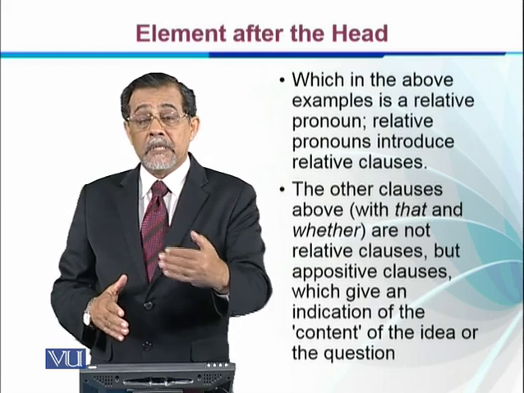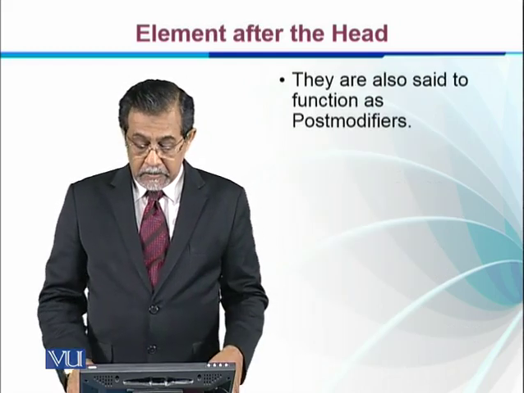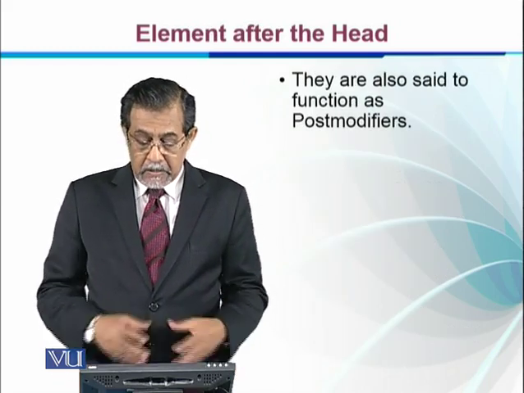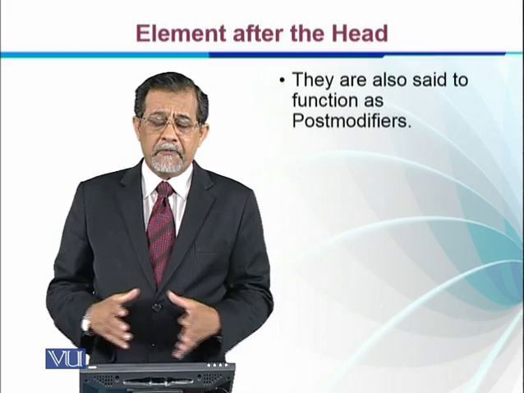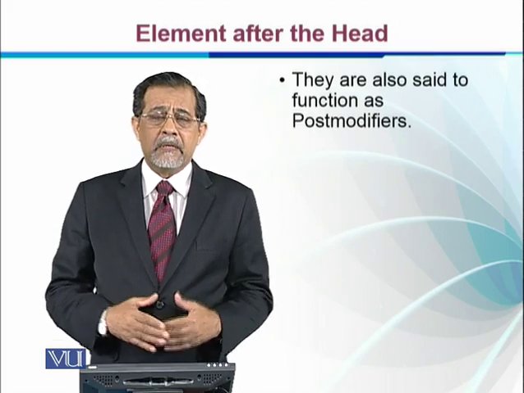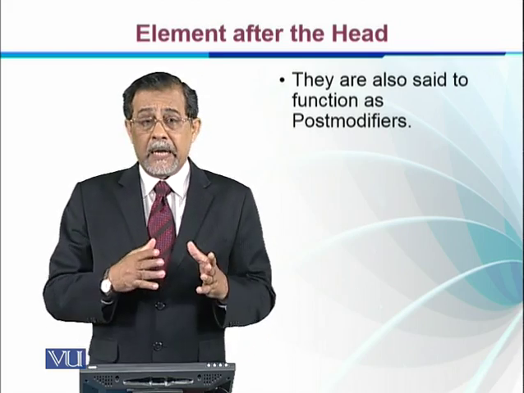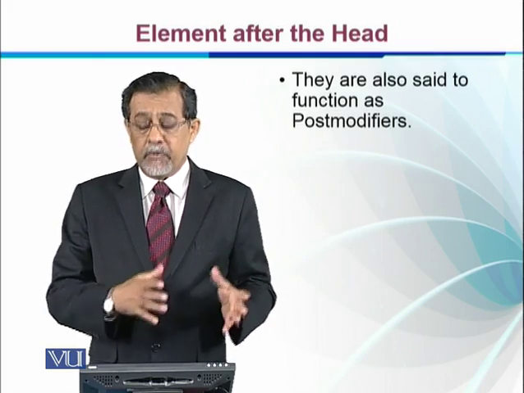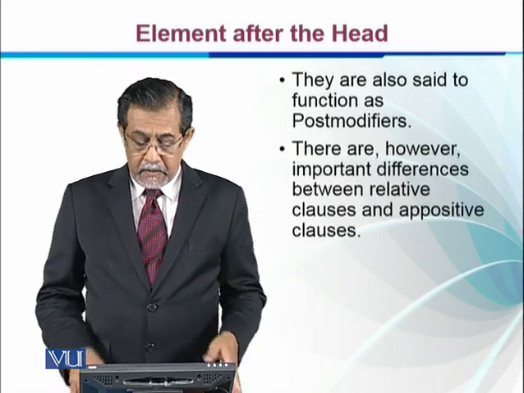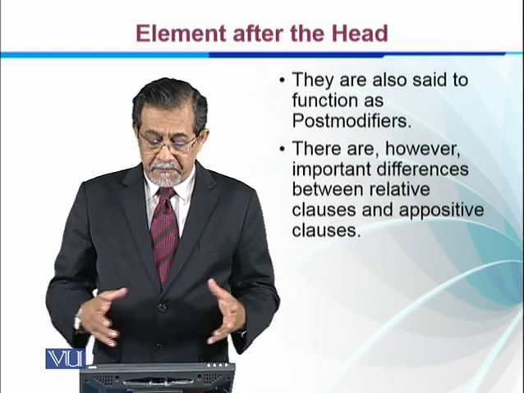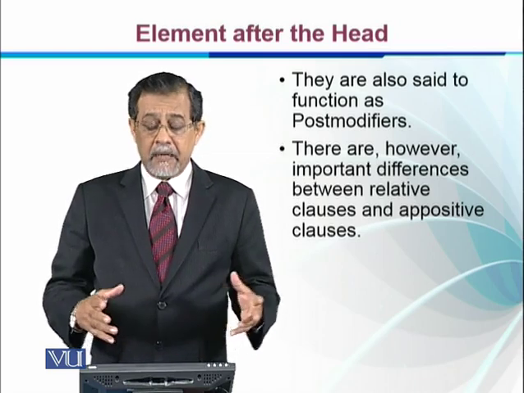There are, however, important differences between relative clauses and appositive clauses. Consider also the italicized part in 36. Two boys with red hair entered the room. If we look at this sentence 36, two boys has a post-modifier: with red hair.